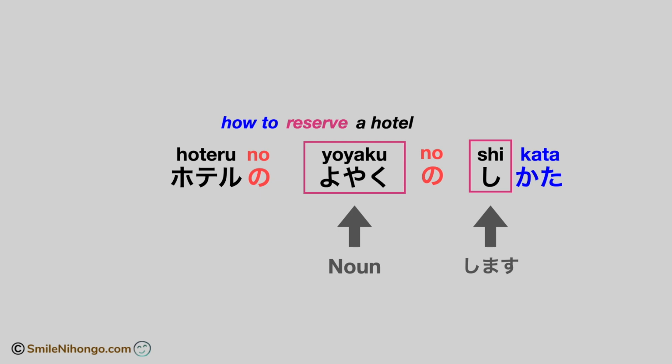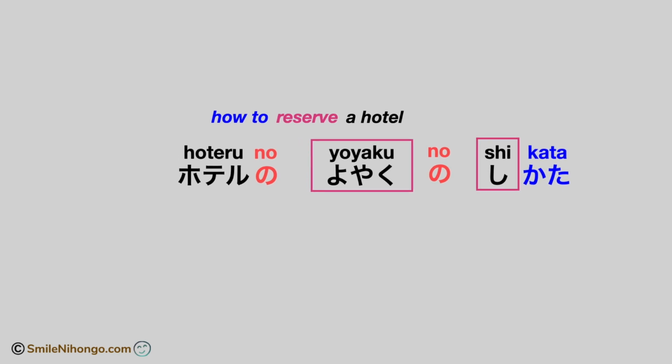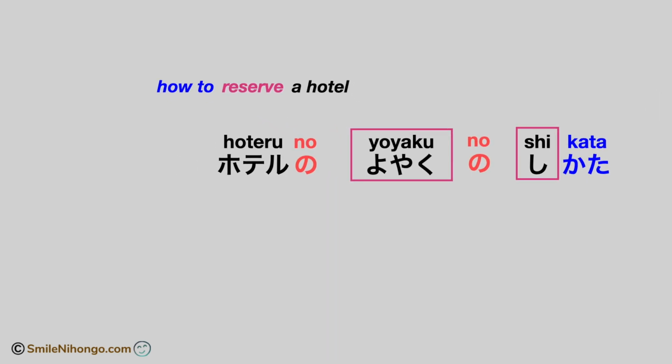Okay, I'm going to make the phrase a little bit more complex, so please pay attention, okay? This phrase, ホテルの予約の仕方 means how to reserve a hotel, right? Now, let's say you want to add a means or a tool to do the action, as in how to reserve a hotel on the smartphone. When you add a means or a tool to the sentence, you have to mark it with the particle で.